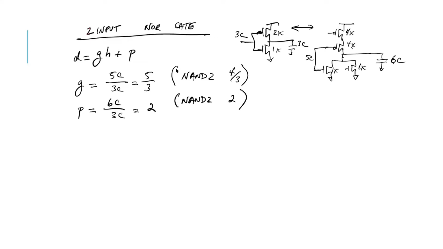So D ends up being 5/3 H plus 2. Now let's look at a case of this NOR gate driving 3 NOR gates like itself.